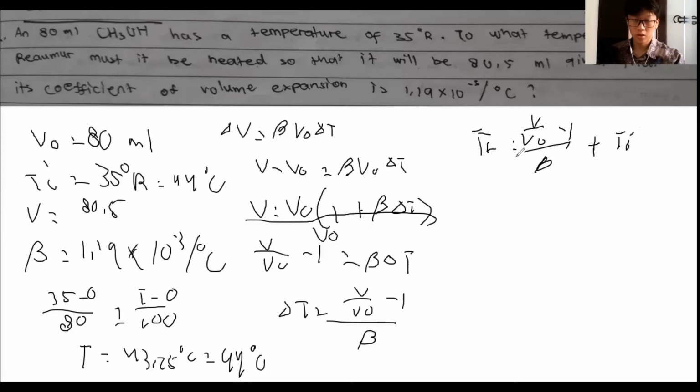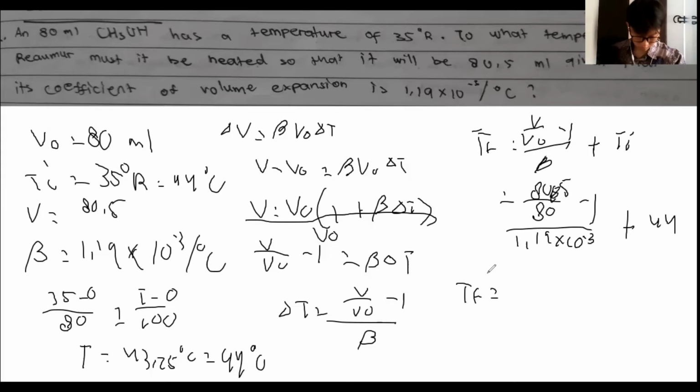So we just write everything into this equation here. So the final temperature will be 49.25 degrees Celsius, or we can simply round it off to 49.3.